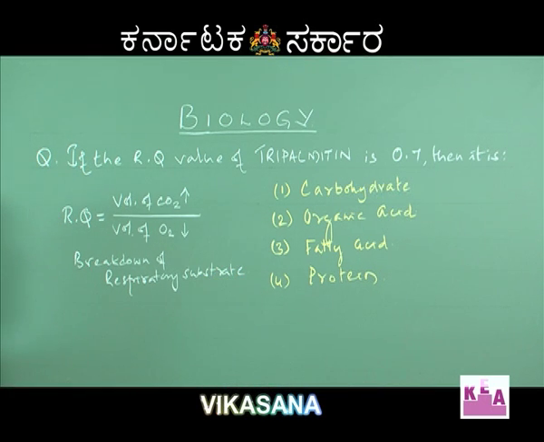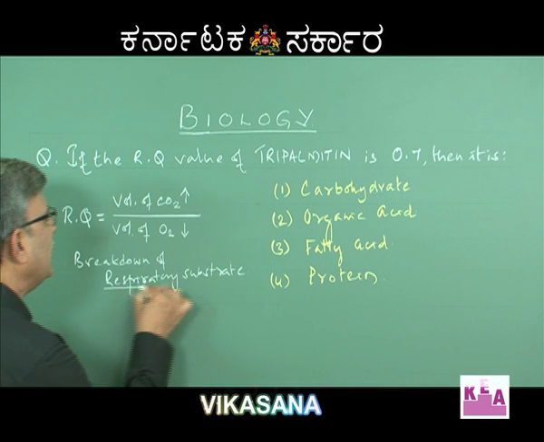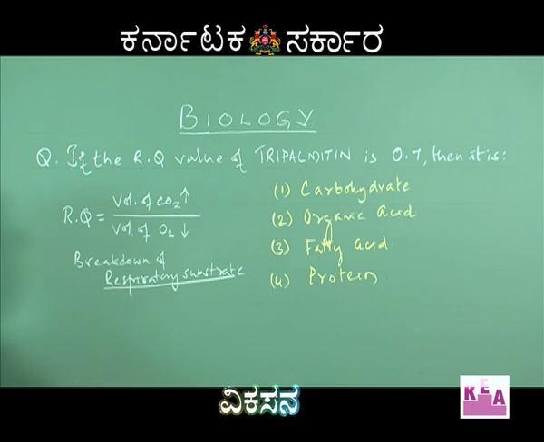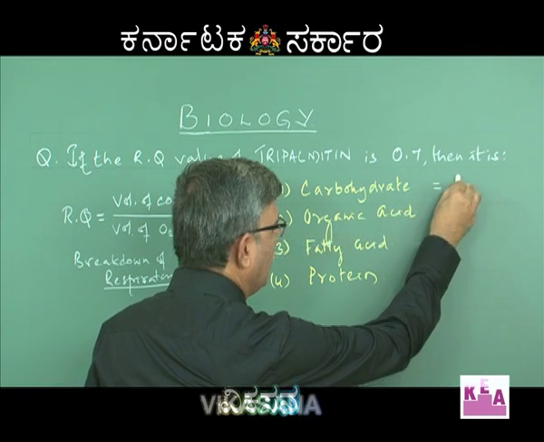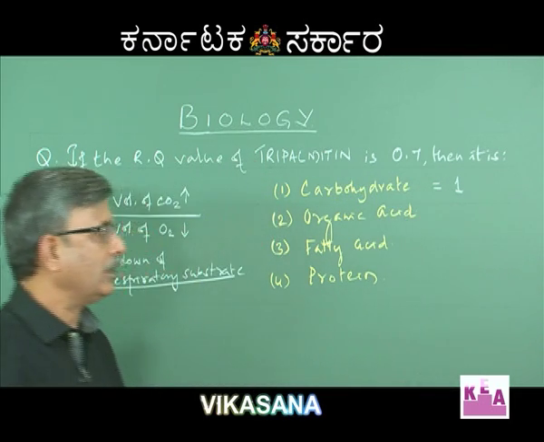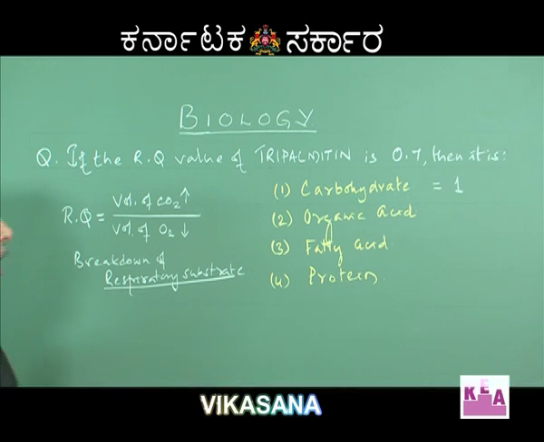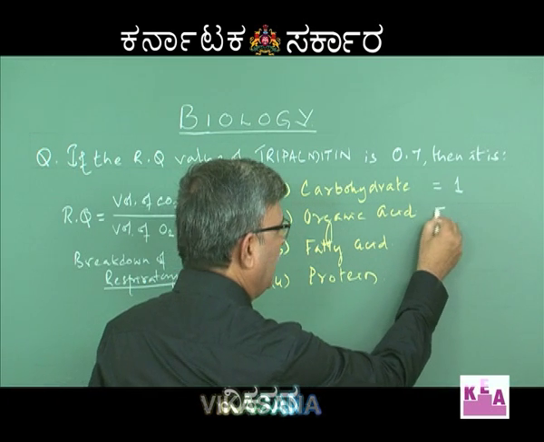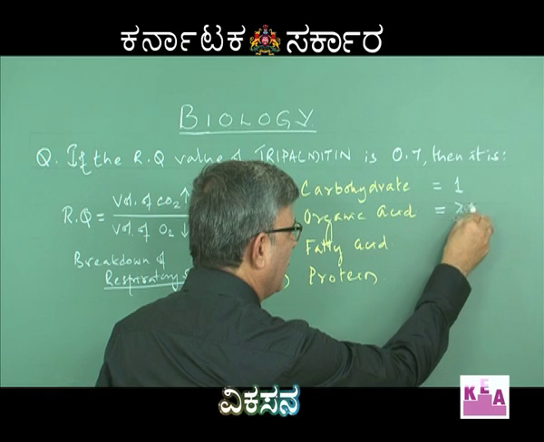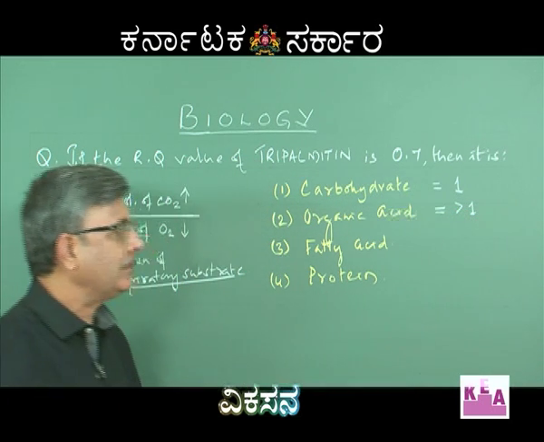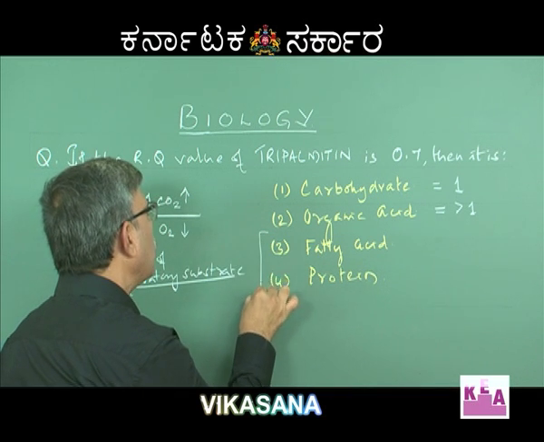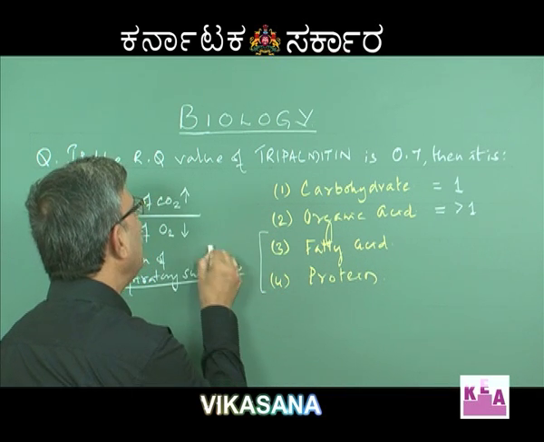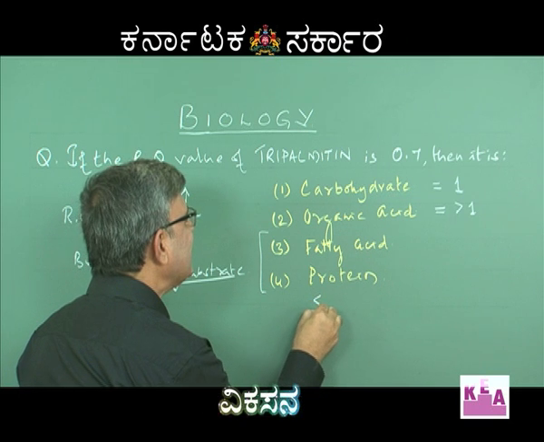When we talk about the respiratory substrate, in case of carbohydrates, the RQ value is going to be 1, that is unity we call it. For organic acid, it is more than 1, like 1.33. For fatty acid and protein, it is going to be less than 1.